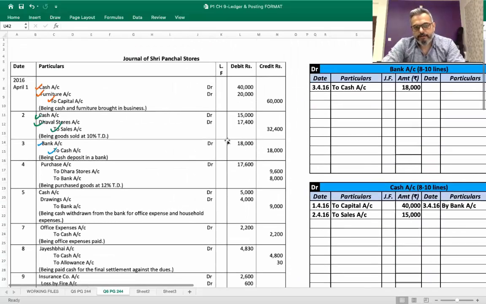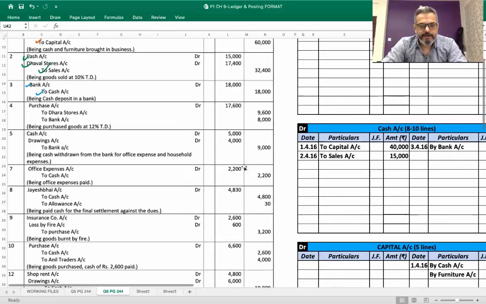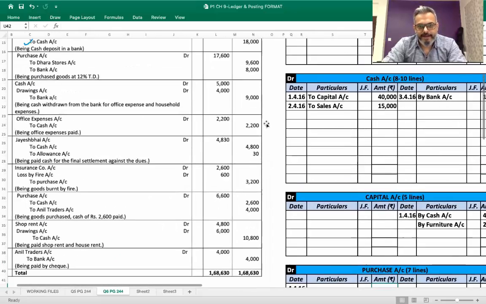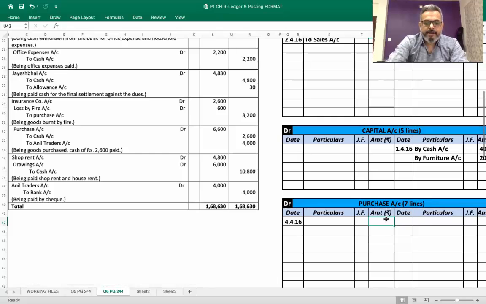Now over here this is again a typical combined entry. So now purchase account is debit 17,600 but it has the credit effect to Dhara stores 9,600 and to bank 8,000. So here we have to write 9,600 and 8,000 separately.